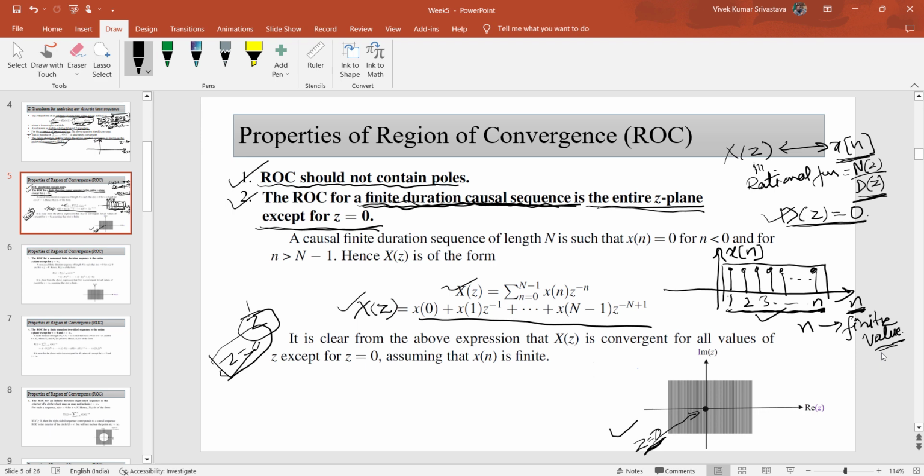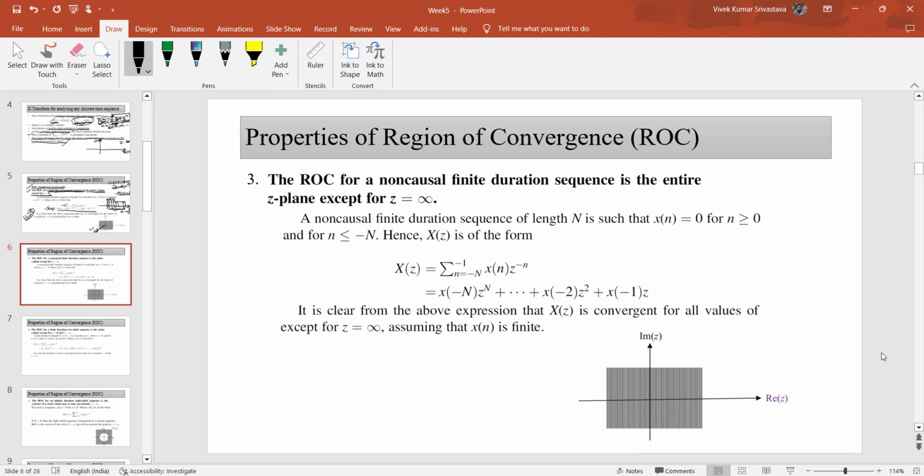This is the second property. Now moving ahead to the third property of the region of convergence. The third property states that for a non-causal finite duration sequence, the ROC is the entire z plane except z equals infinity.